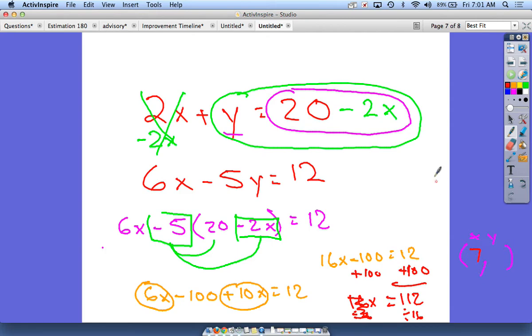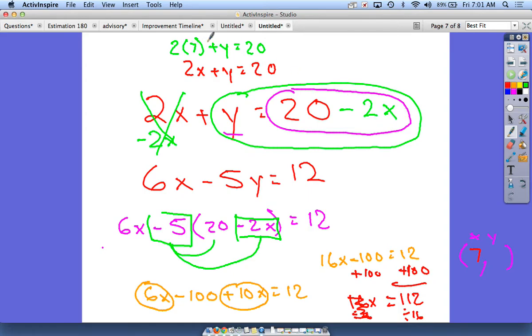So now I need to go back and pick one of these other two equations and put 7 in for x. So I will start with the original equation that I had here, 2x plus y equals 20. I will rewrite it with x is 7, so 2 times 7 plus y equals 20.